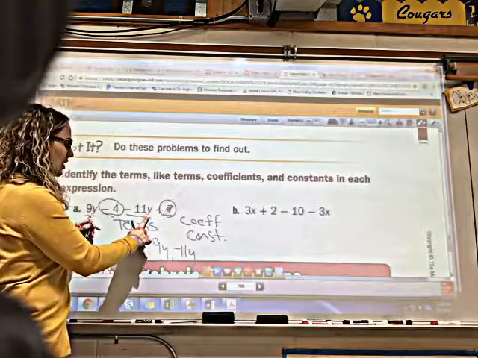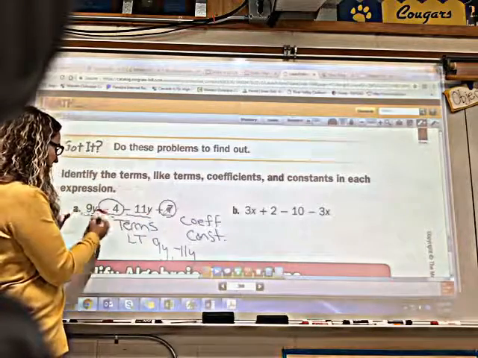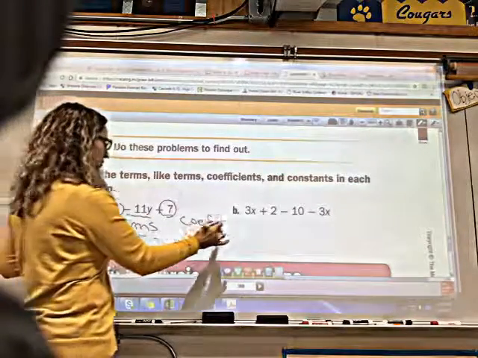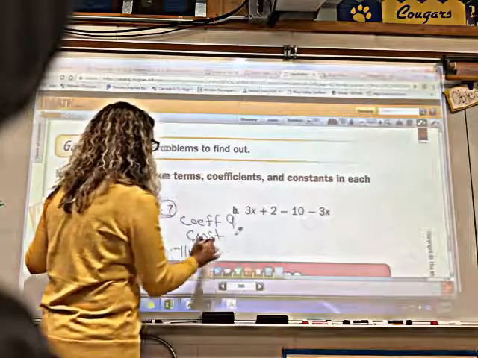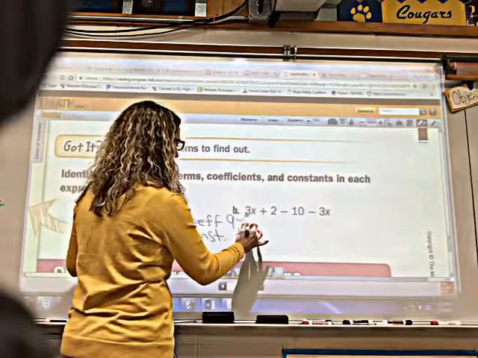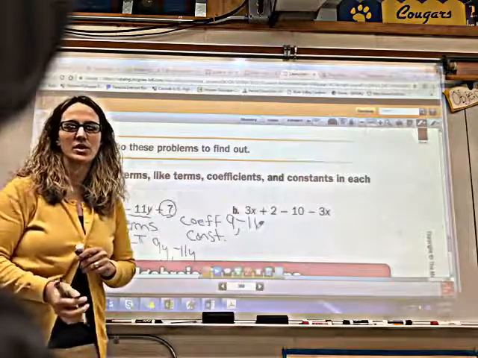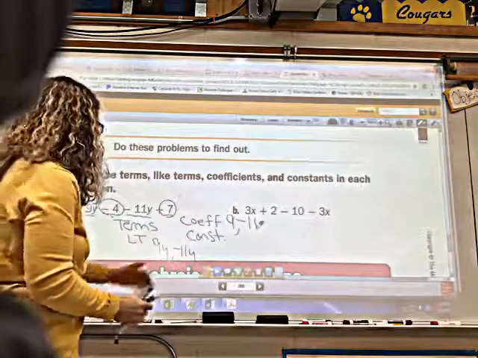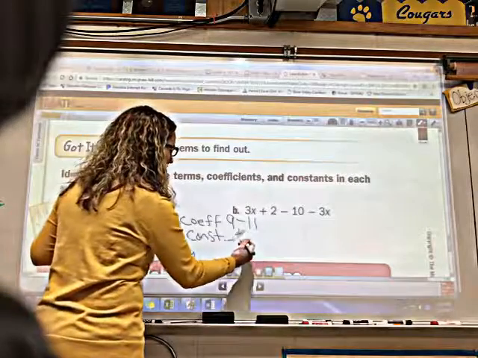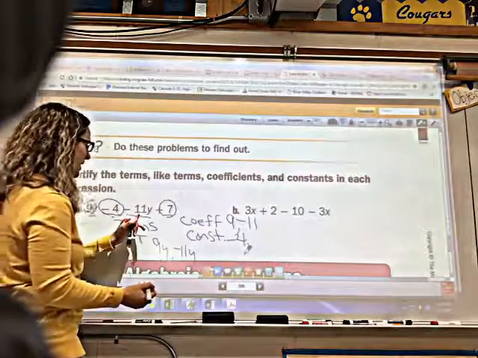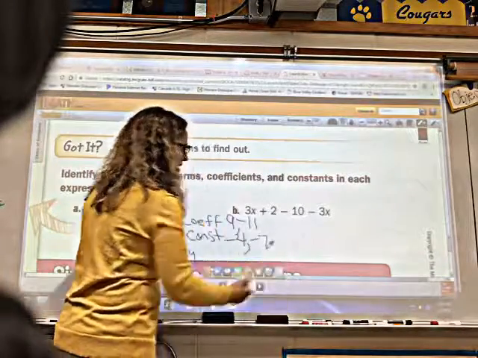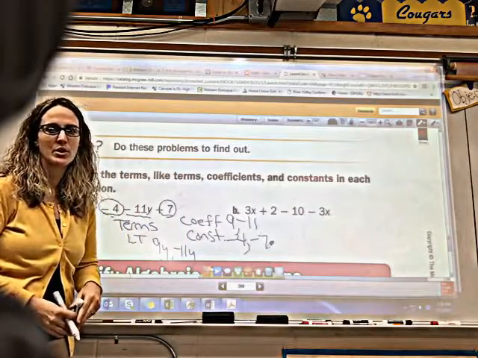Looking at where your variables are, I know here I have a 9, so one of my coefficients is going to be 9, and my other coefficient would be a negative 11. Lastly, we're looking at constants, again, those numbers that stand by themselves. My first constant is going to be a negative 4, and my second one would be 7. Hopefully you were able to come up with those as well.